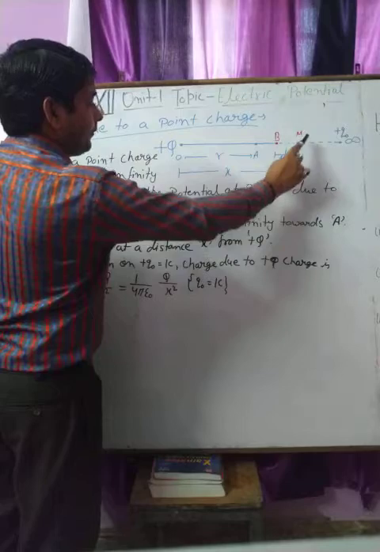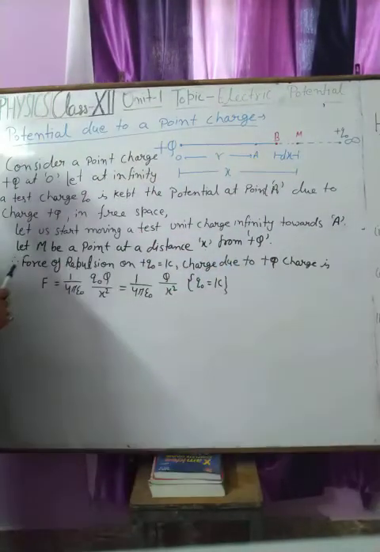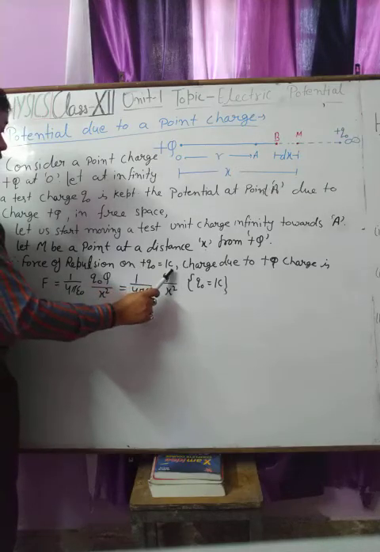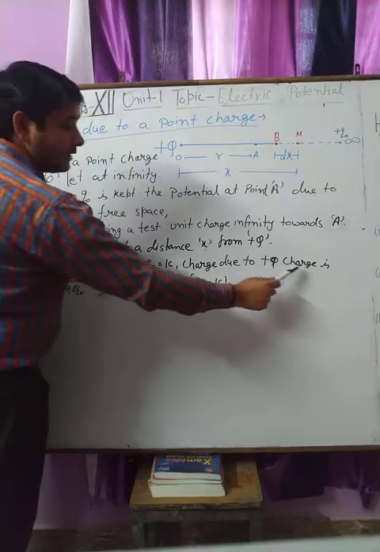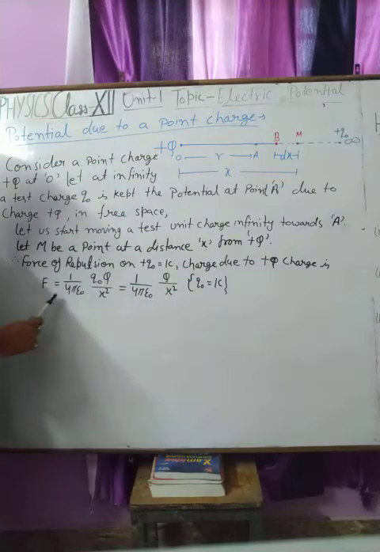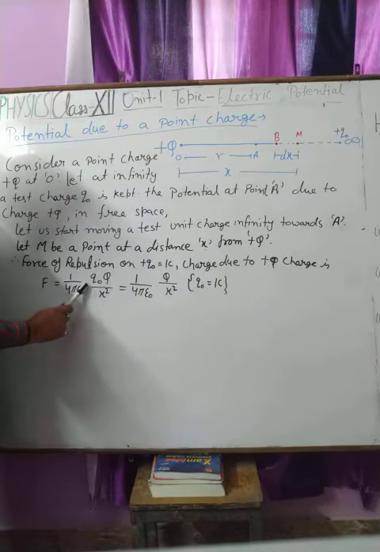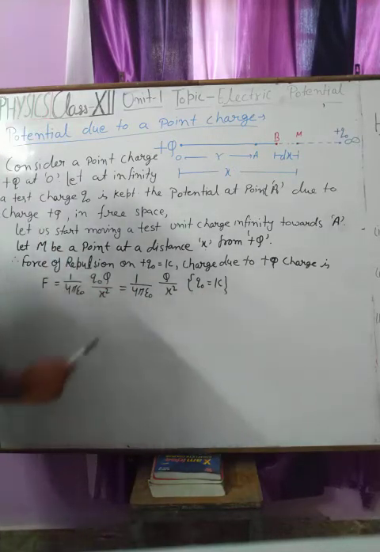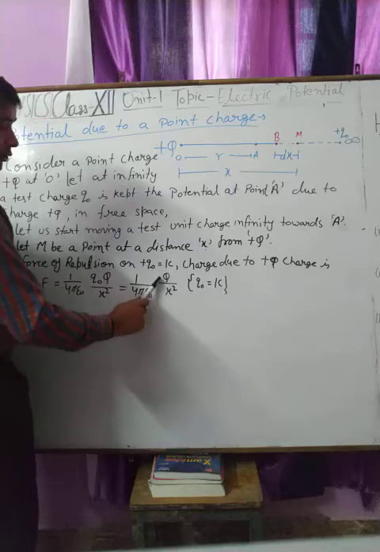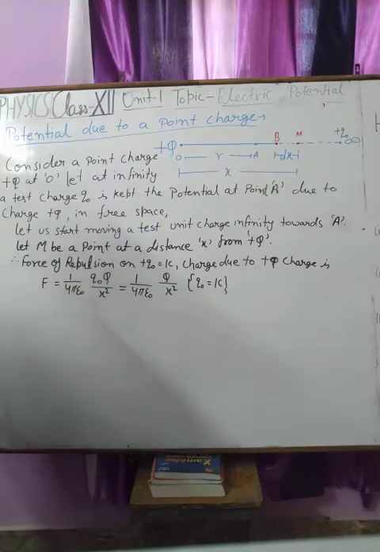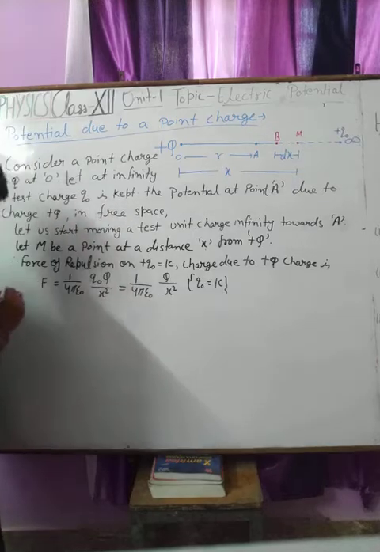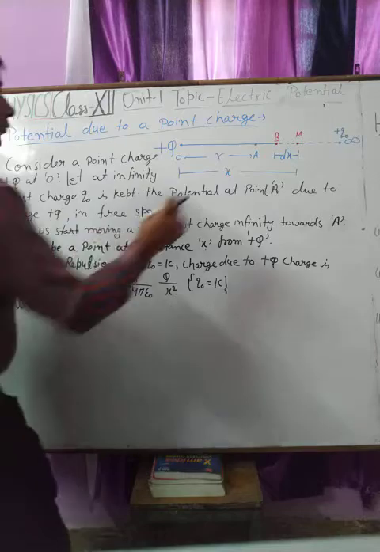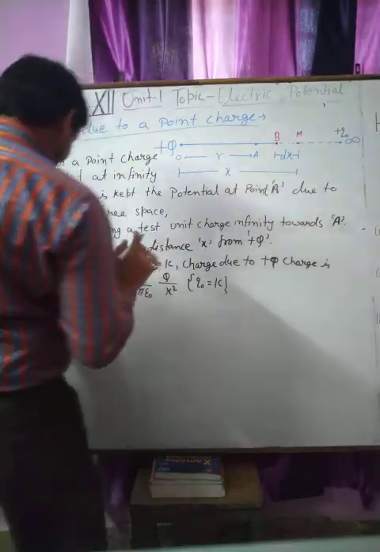Now the force of repulsion on q naught charge of 1 coulomb due to charge q is given by F is equal to 1 upon 4 pi epsilon naught q upon x square. Because q naught has value 1 coulomb, therefore F is 1 upon 4 pi epsilon naught q upon x square. Okay student, now the small work done from point M to B.